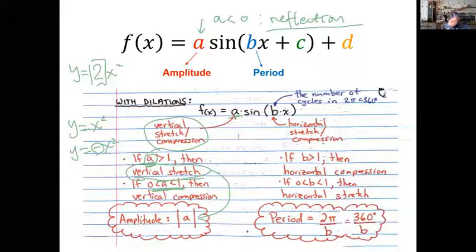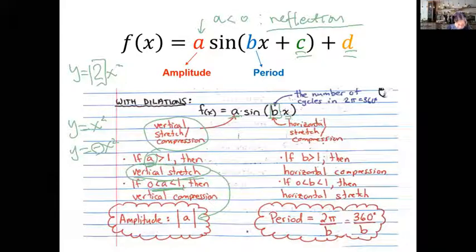Then let's move on to B here. The top one includes C and D, but since within section 8.4 we are only focusing on A and B, this one includes only A and B. Notice the B value goes directly with the x inside of the parentheses.